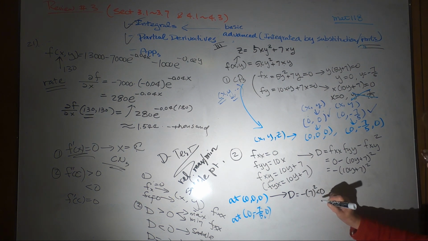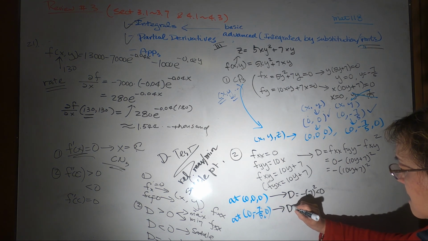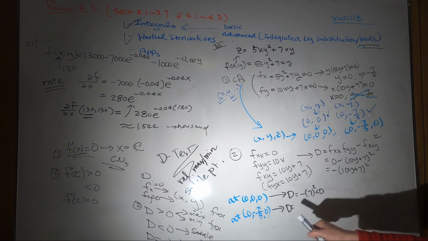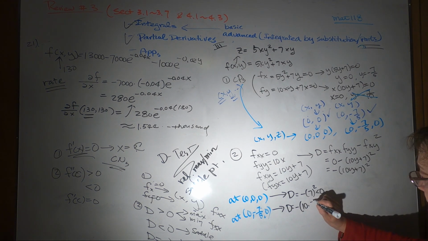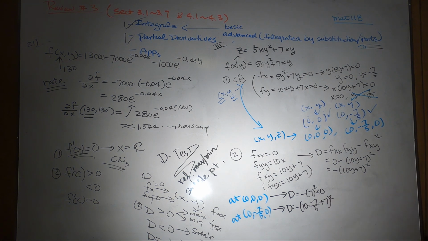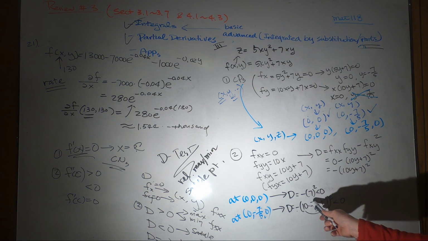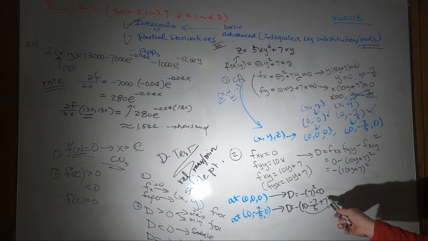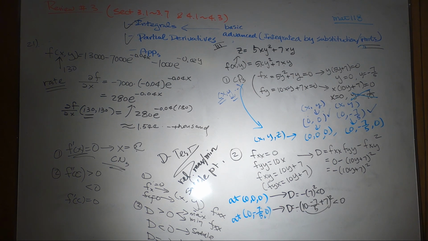It's less than 0, right? Then for this one, x is 0, y is negative 7/5: negative (10 times negative 7/5 plus 7) squared. Whatever is squared is positive, take the negative, it's less than 0. Or you can just do 10 times negative 7/5 is negative 14, plus 7 is negative 7, take the square, still positive. Then negative, so less than 0.